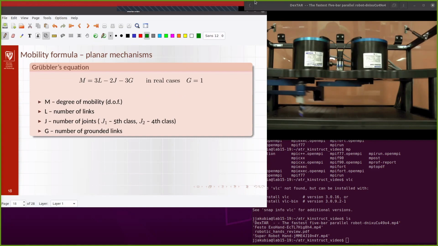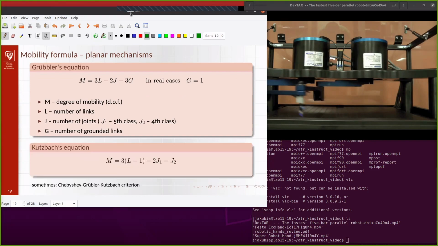Okay, and when we look at a slightly extended version that is called the Kutzbach equation, it's quite similar, but because it just applies this G equals 1, these 3 parts go in here, but it separates the number of joints of the 5th class and the 4th class.